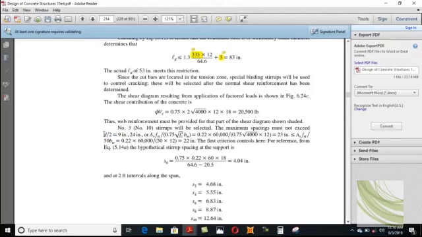I already mentioned in lecture 9 and lecture 10 how shear design is carried out, so you must know about shear design. At this moment, it is not my responsibility to define shear design.